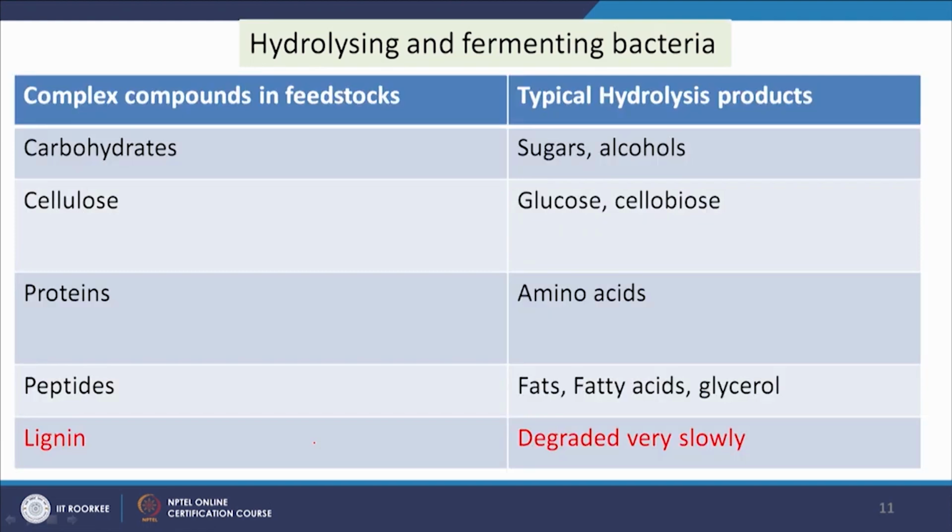These are some examples, say for carbohydrates, cellulose, proteins, peptides, lignin will be converted into different hydrolyzed products as given here, like, say, sugar and alcohols from carbohydrates, glucose from cellulose, amino acids from proteins, fats, fatty acids, glycerol from peptides, but in case of lignin degradation will be very less.